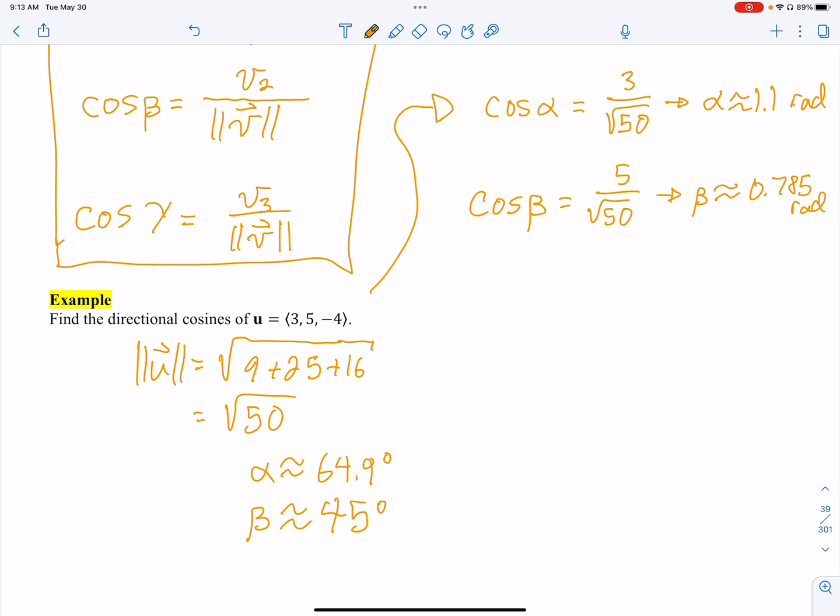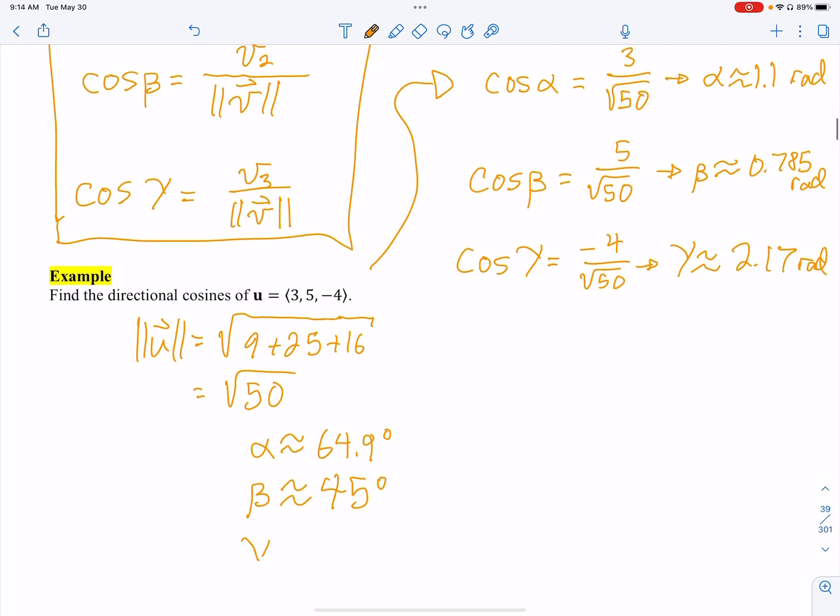Okay. And then we have one more. And that one is gamma, cosine of gamma equals -4 over the square root of 50, which tells me that gamma is approximately 2.17 radians.